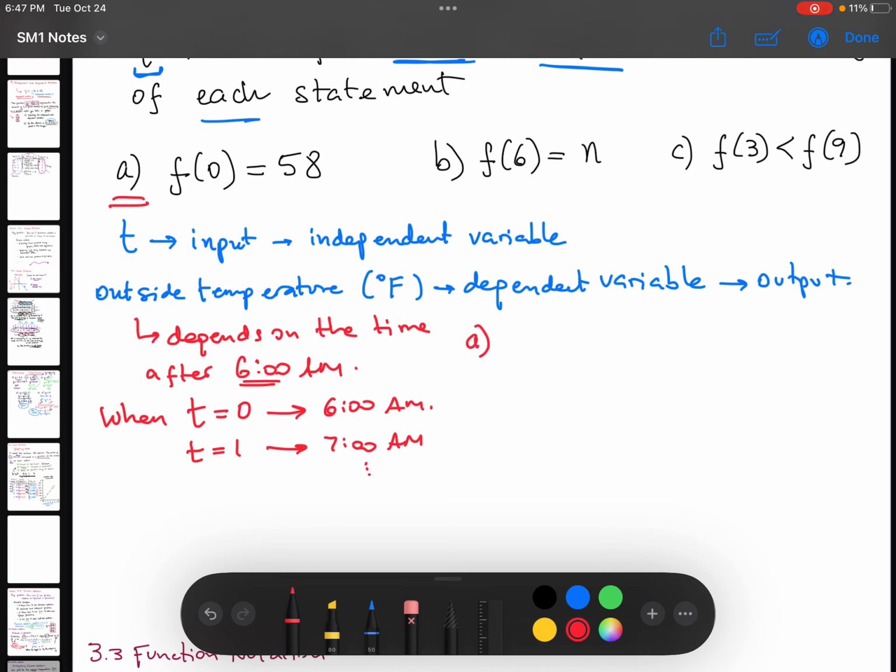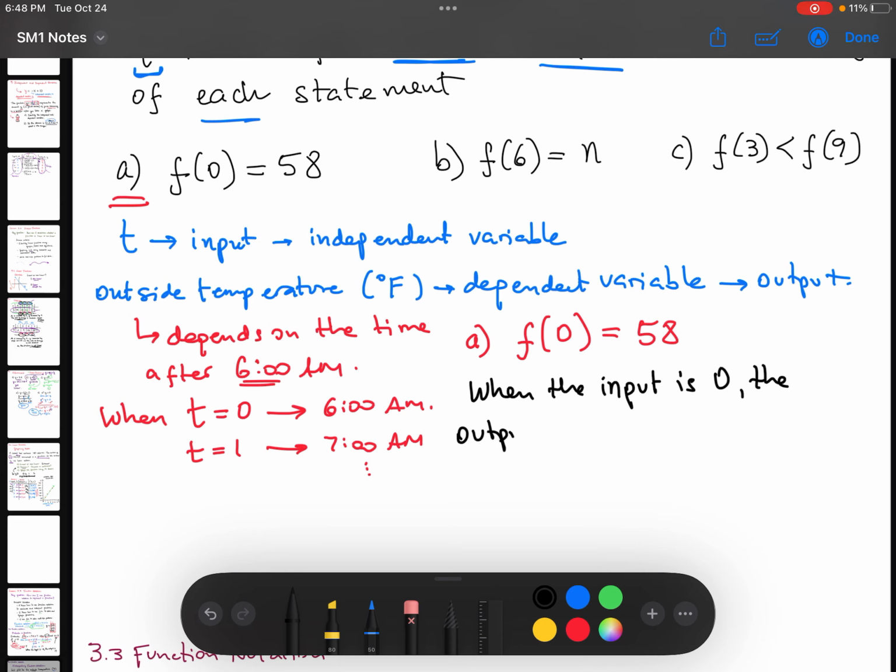And I'm going to rewrite it here. The function f, remember in this case the temperature, with an input of 0. When the input is 0, the output is 58. Remember, we did it before. Actually, let's write it that way. When the input is 0, the output is 58.